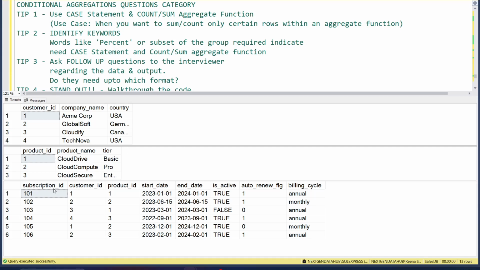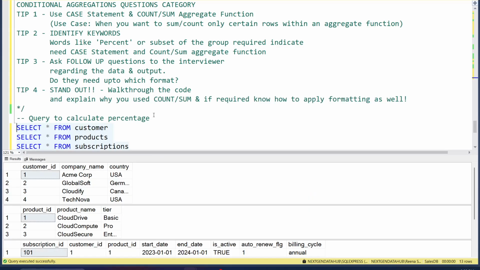Here you can see we have the customer ID, company name, and the country where that particular company is based, then the products being sold here, for example, compute drive, cloud compute, cloud secure. Then the subscription data: what was the customer, what was the product, the start date and end date, is it active, is it auto renewed. This is a flag for that, where one means yes, it's being auto renewed. And then billing cycle, is it annual or monthly?